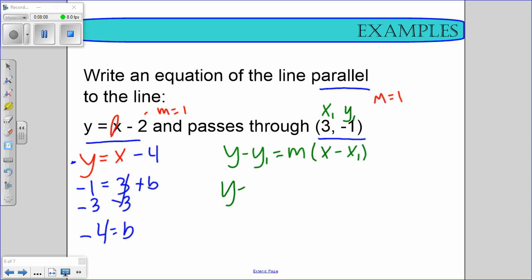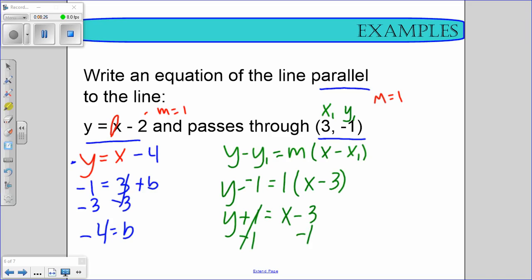So we will have y minus -1, our slope was 1, times x minus 3. So we have y plus 1 equals x minus 3. We've got to get y by itself. So we subtract 1 on each side. We are left with y equals x minus 4.